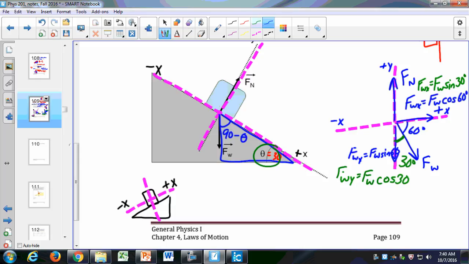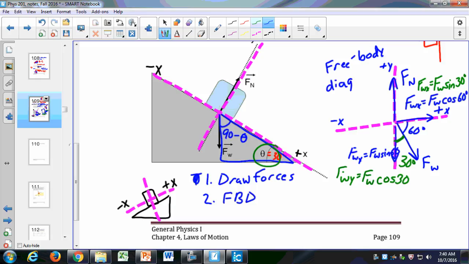So once you set all this up, you resolve your vectors. So first, we draw the forces. Second, we do a free body diagram. That's this. This is our free body diagram.